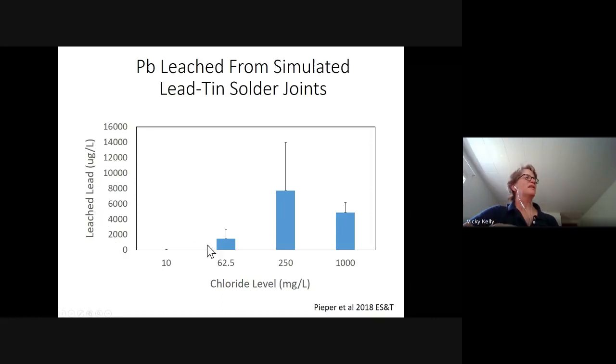And what they found was that, yes, as you increase the concentration of salt, you see more lead leached from these simulated joints, but not at the highest concentration. So there's some indication that we should see lead in drinking water associated with chloride, but we don't see it when we look at it across a geographic area. So the jury is still out on this question, and there are likely some confounding factors that we don't understand yet.